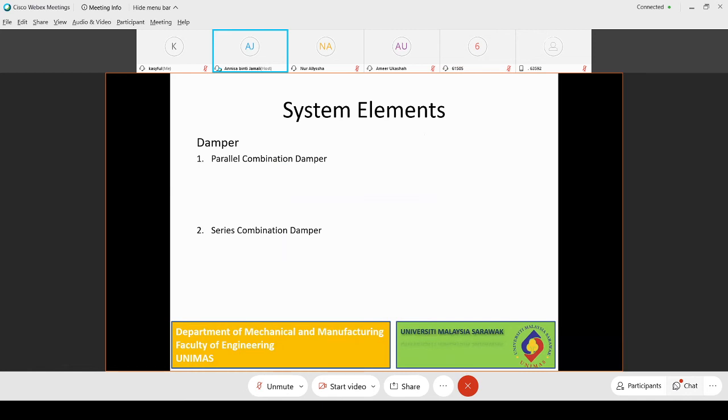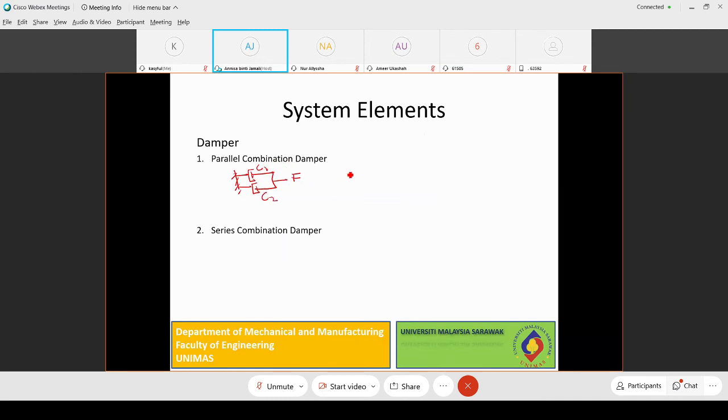So for the damper here, let's say we put the damper in parallel, and we exert a force like this. Okay. So this is damper. We have C1 constant, the first one, and C2.